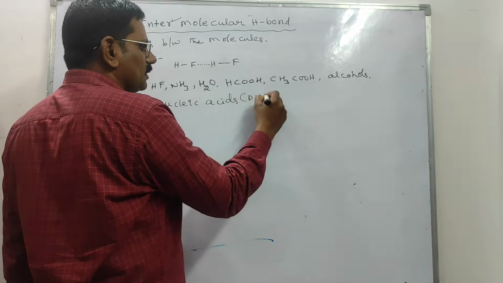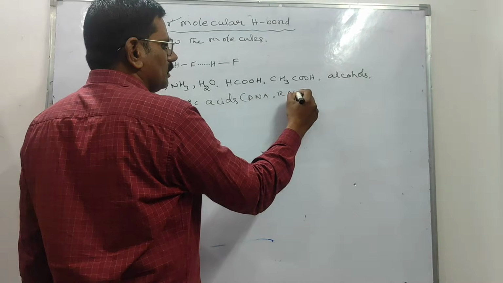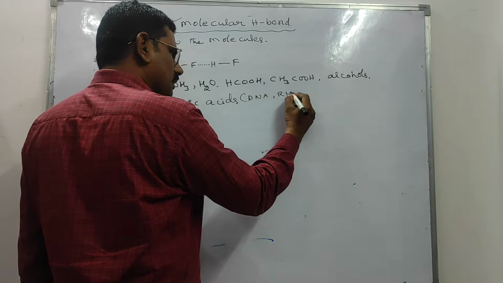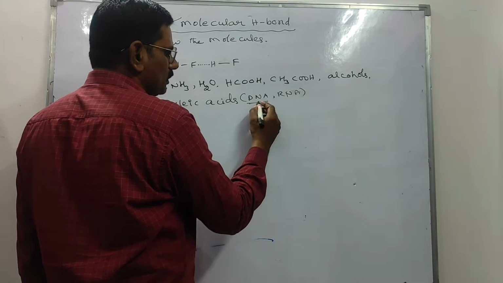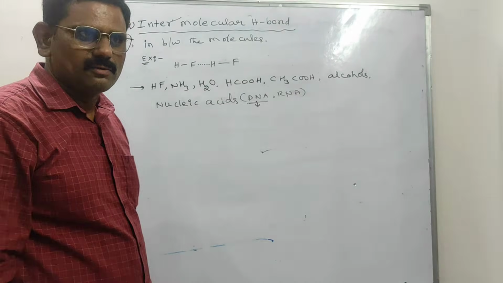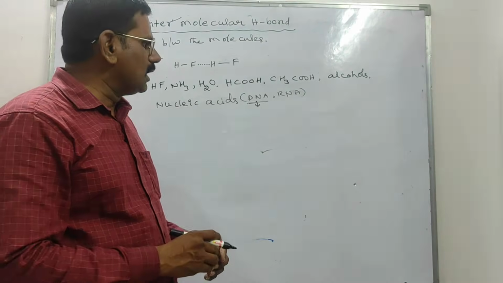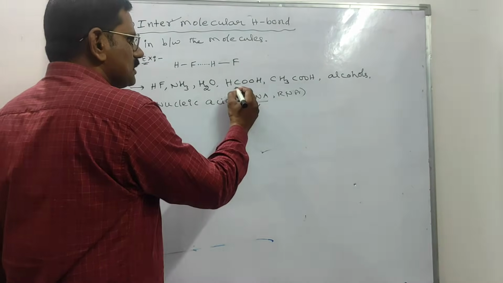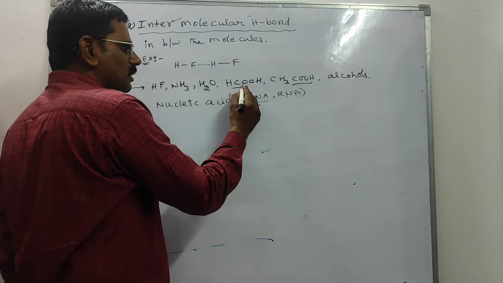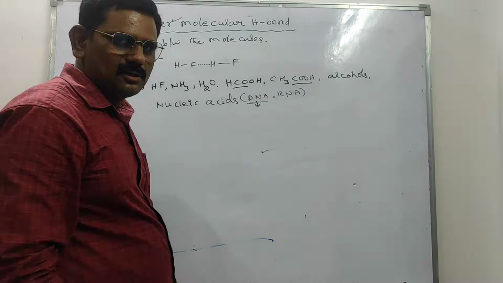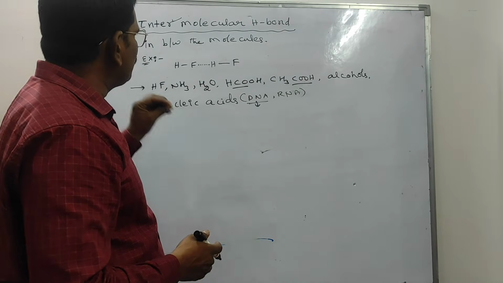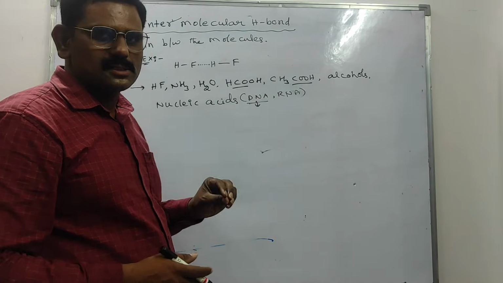DNA and RNA. In DNA also, hydrogen bonds are present, which connect the two helices. In formic acid and acetic acid, due to the presence of intermolecular hydrogen bond, they exist as dimers.